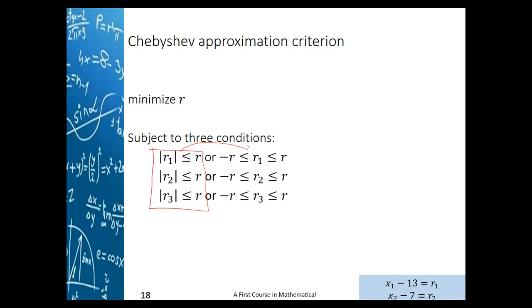You need to transform your absolute value and inequality into this relation, which is why it is not that easy. Nobody can simply solve Chebyshev approximation without any mathematical tools, because it involves this inequality. That is the problem.